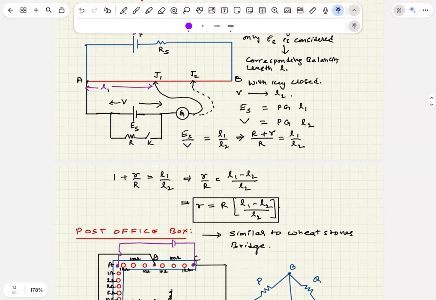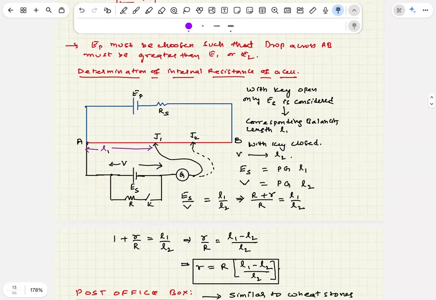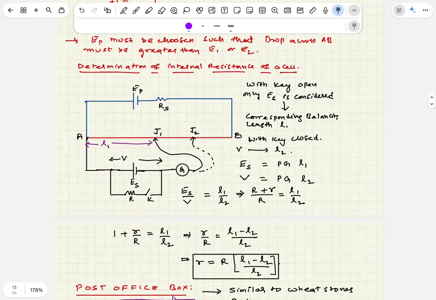Similarly, you can find the internal resistance of a cell using a potentiometer. How? Simple. Now see, all that I am modifying is only in the secondary portion, not in the primary portion.